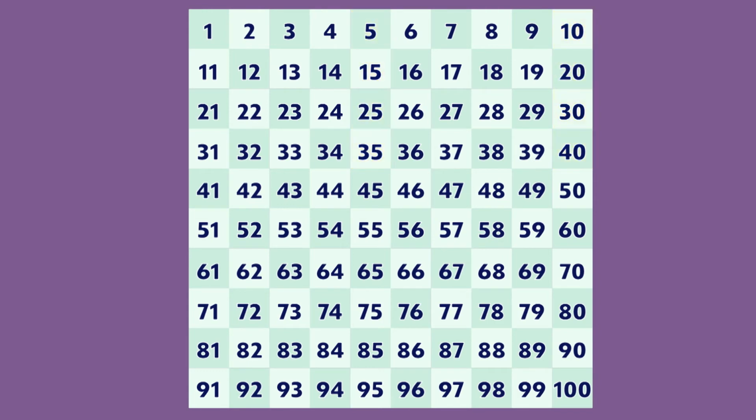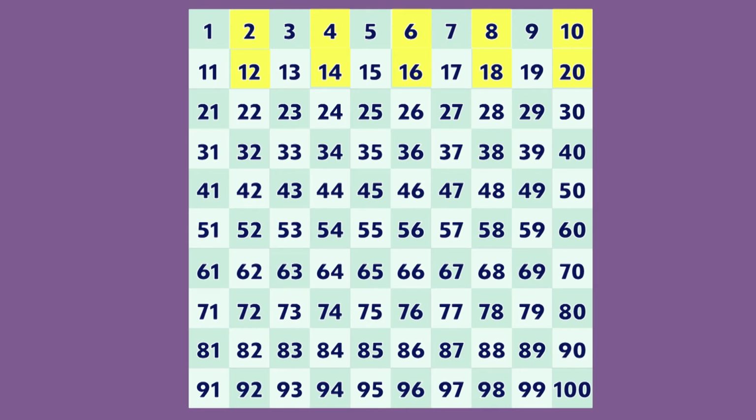What if we try 2s? Let's count and highlight all of the multiples of 2s. 2, 4, 6, 8, 10, 12, 14, 16, 18, 20. What did you notice so far? Yes, they follow a pattern. They are all in the evens column.